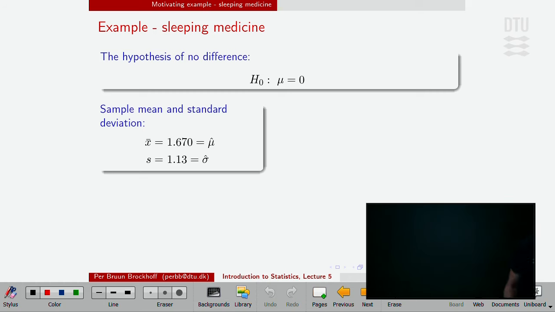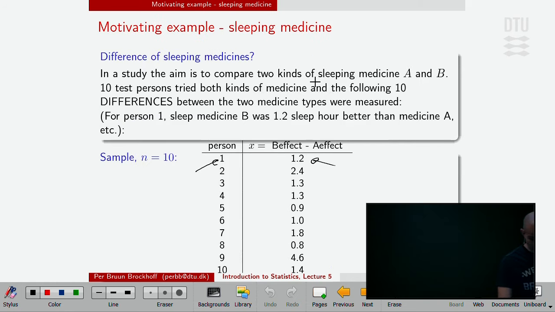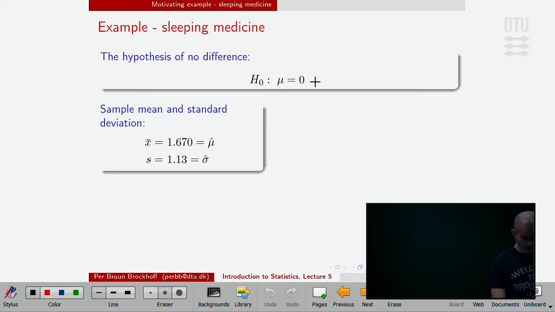Computationally, I have gone nowhere since 4 weeks ago. It's just one column in my Excel sheet, and even only 10 numbers here. So computationally, we know what to do. This is the only tool we have. We can compute the mean and the standard deviation.